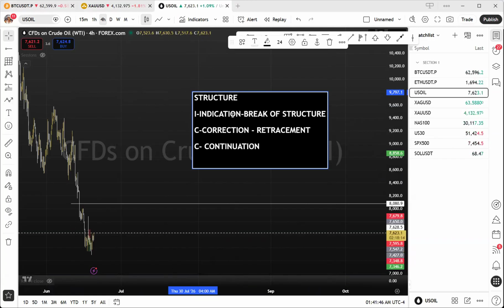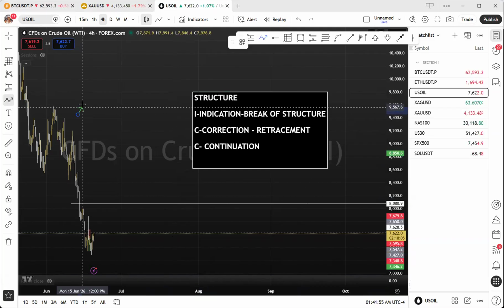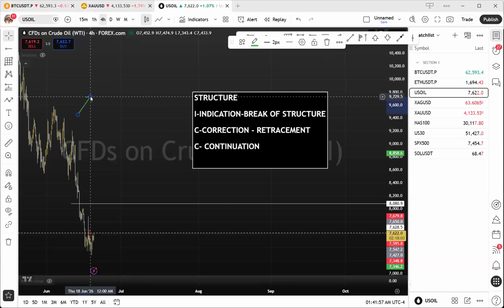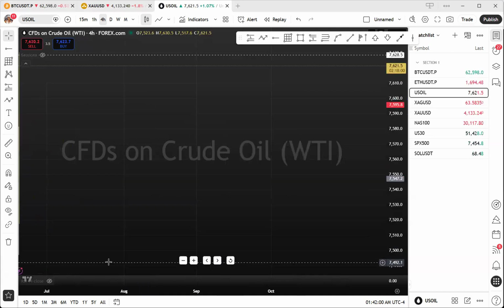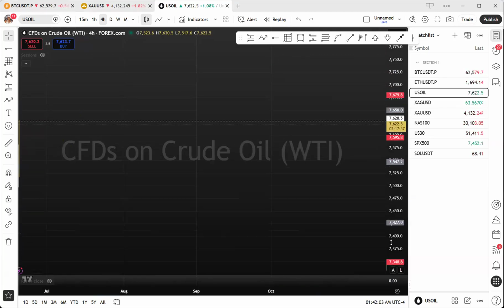Structures are trends of the market, and we know that there are three structures the market gives to us. The first one being consolidation.